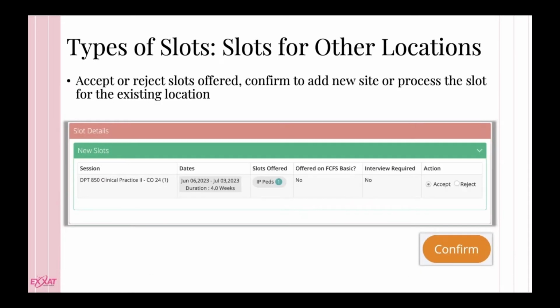So sometimes, and this is definitely something that's developed over time, sites will actually just want to respond to it overall, saying, yeah, I can offer slots. I don't know where yet. I'm just going to give you a blanket yes. If you don't have a site listed that is a corporate site, that gives them that blanket yes, they can add a new site through the slots for other locations page.